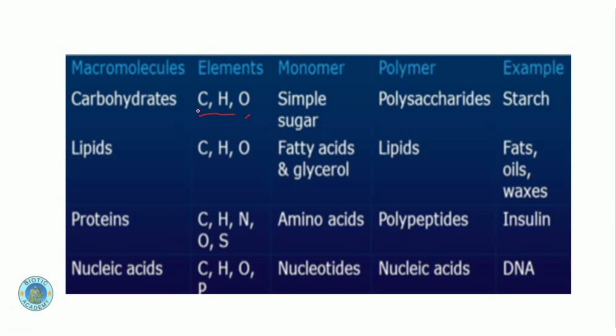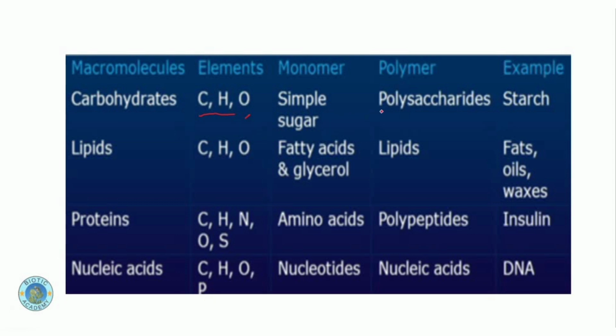Now carbohydrate exists in different forms in the body of living organisms, and the structure which they form is called polysaccharide. Polysaccharide is a chain structure of simple sugars. When different or same types of simple sugars join together to form a long chain, that is called polysaccharide, and if it is a simple unit then it is called simple sugar.